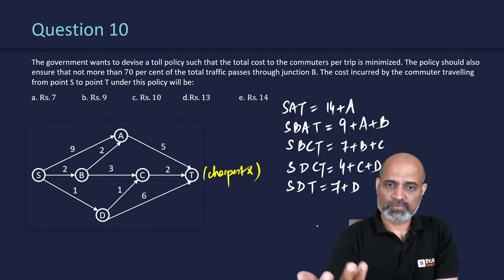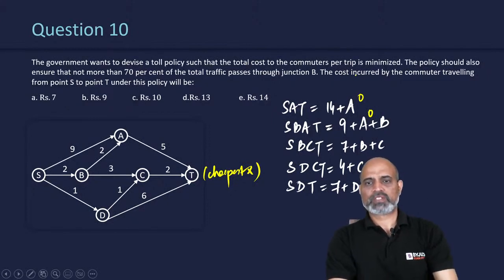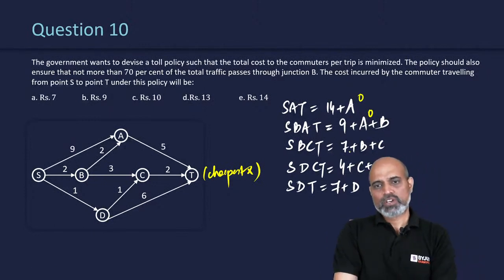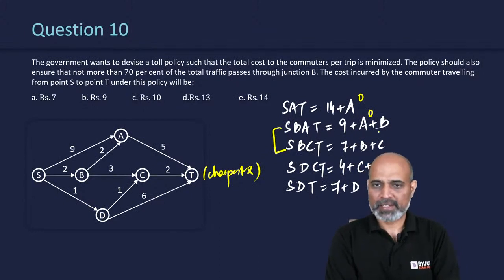और सबका cheapest रखना है. So can we take A as 0? So minimum will be 14 that we need, right? और SBAT से भी लोग जाए. So if you look at SBAT and SBCT, तो A तो 0 हो गया, right?